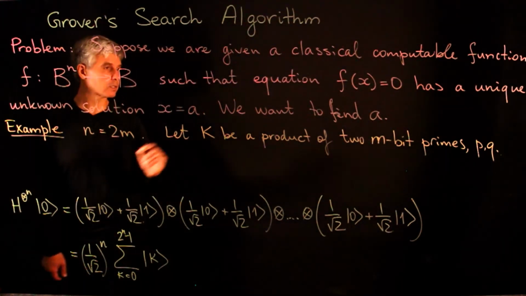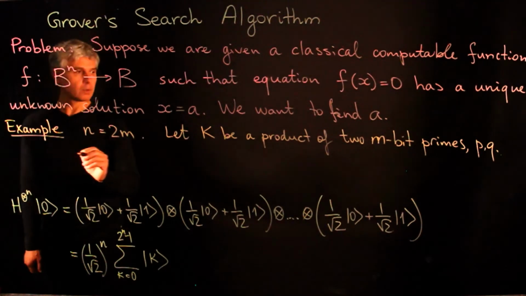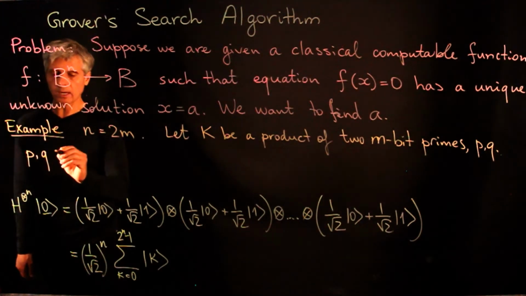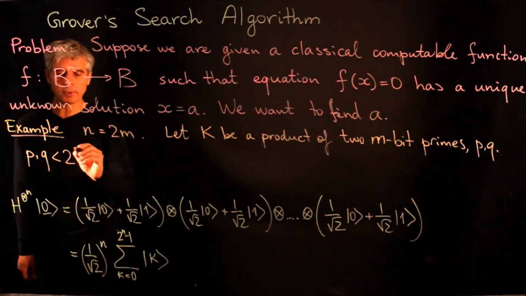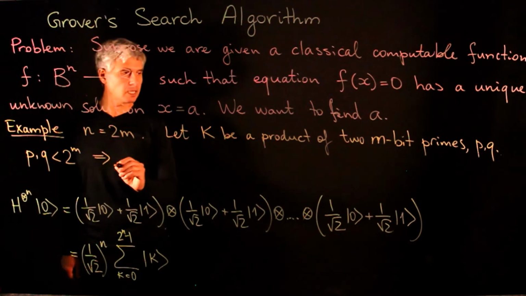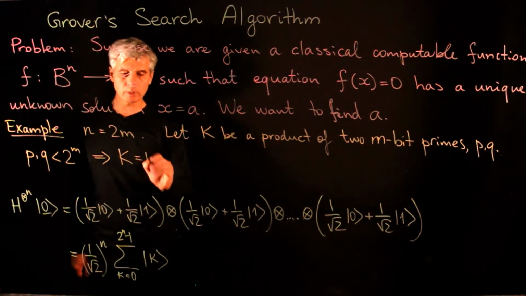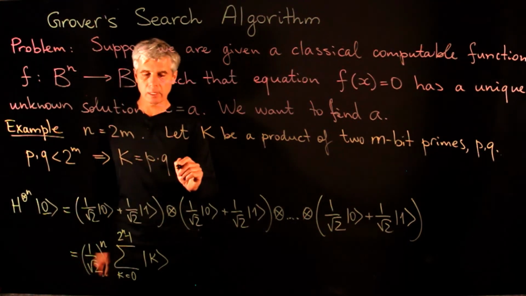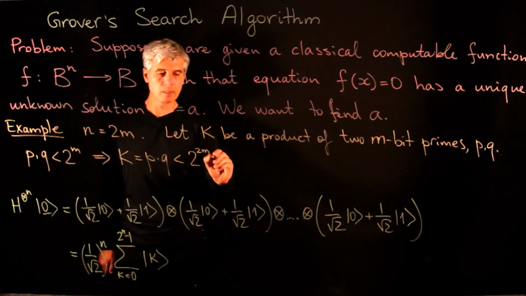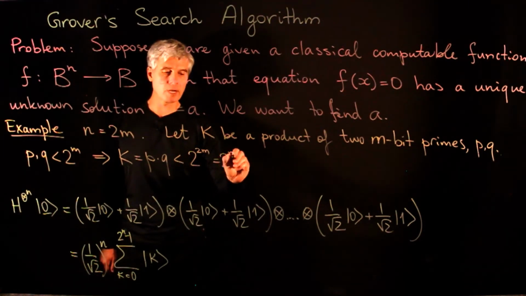This means that p and q are prime numbers, and p and q are less than 2 to the power m. So k, which is the product p times q, is less than 2 to the power 2m, which is 2 to the power n.